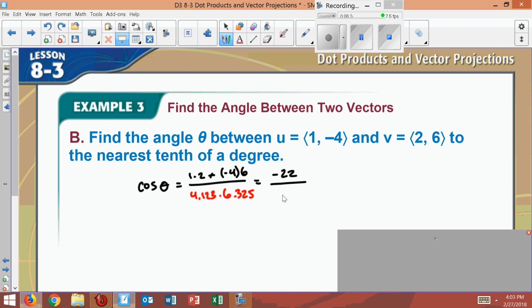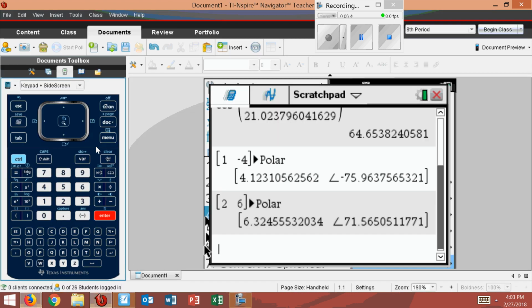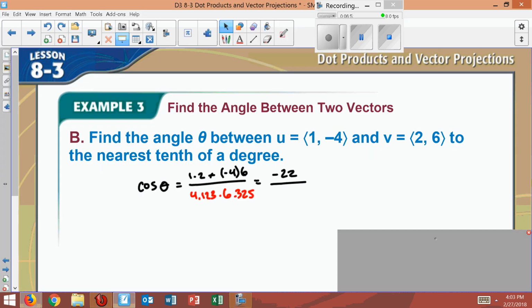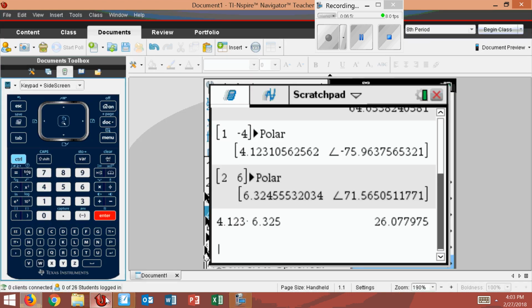And so when you multiply those out, that will be under -22. So let's take 4.123, and we're going to multiply that times 6.325. We're going to have 26.088, I'm sorry.